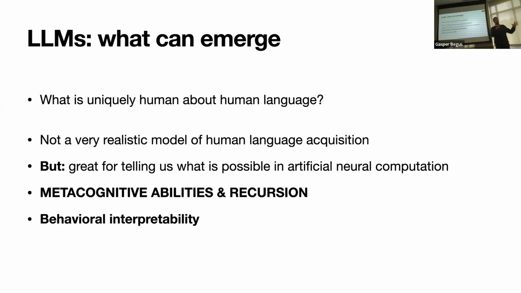LLMs, going back to our roadmap, are great as well, but I think they're great not in telling us how realistically things can emerge, but what the limits of emergence are, right? What are all the possible things that can emerge? Looking from an animal communication perspective, a lot of people ask, what is language, and do animals have language?